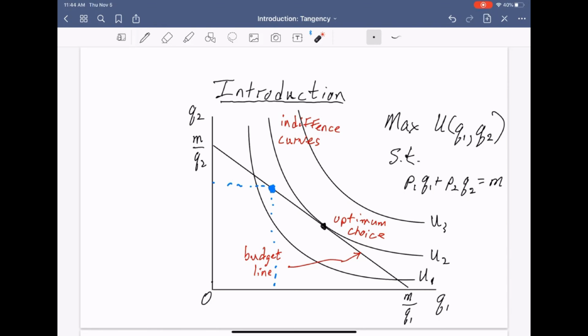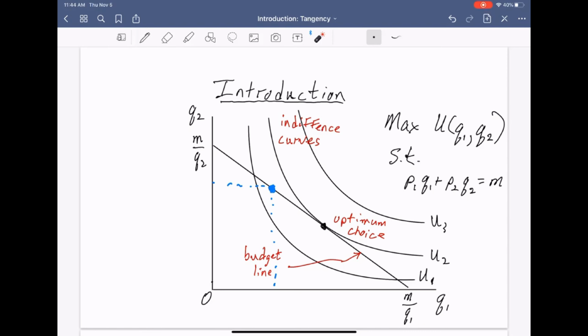So U3 would represent a higher level of utility than U2, and U2 would represent a higher level of utility than U1. In other words, as we increase in this direction, we increase our happiness, so to speak. Now the optimum choice, of course, occurs where there's this tangency point, and we're going to talk about that a little bit as we go along.